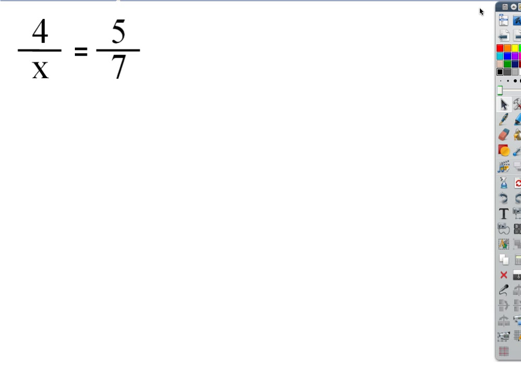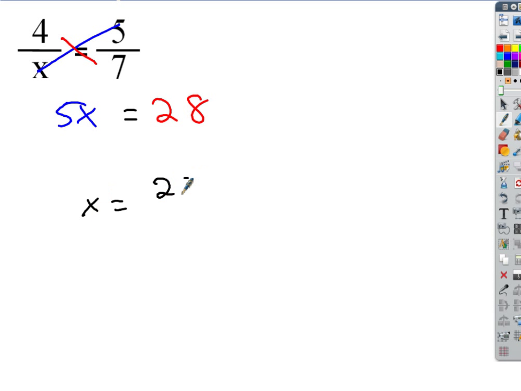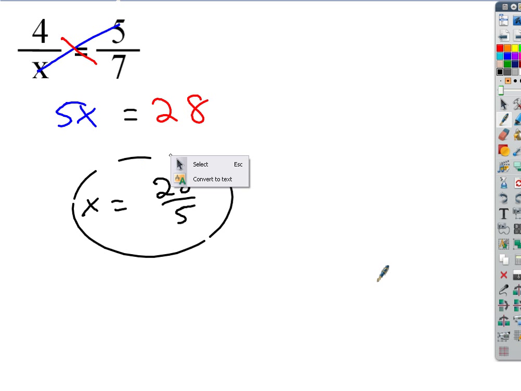If I do that, x times 5 is just 5x, equals this diagonal, 4 times 7 is 28. Now what do I do to get the x by itself? Divide by 5 and I get 28/5. No biggie.